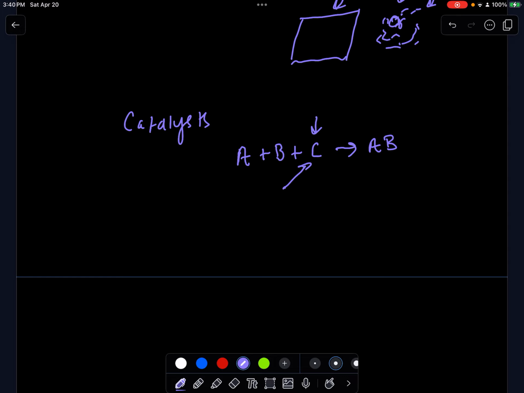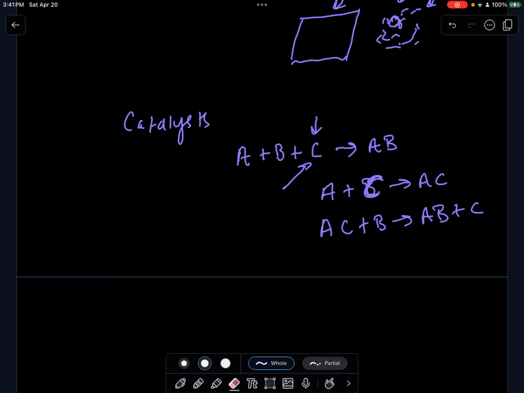So, in these reactions, what we have is the catalyst will first do something like this. A plus C goes to AC. Then AC plus B goes to AB plus C. Now this is a bit confusing, so I'm going to explain exactly what's going on.